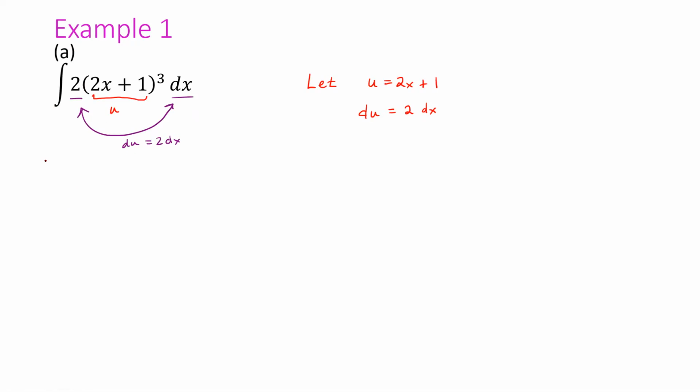So just with that simple substitution, the integral now is just u cubed du. And now it's very simple to find the antiderivative of u cubed. It's u to the 4th over 4. And now I can put my u back in. There we have it.